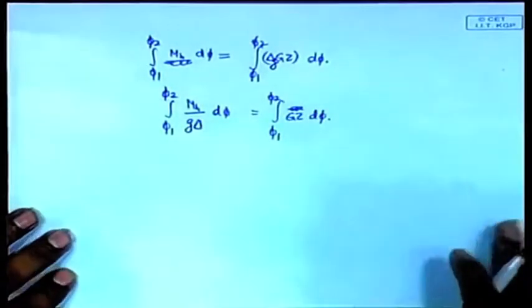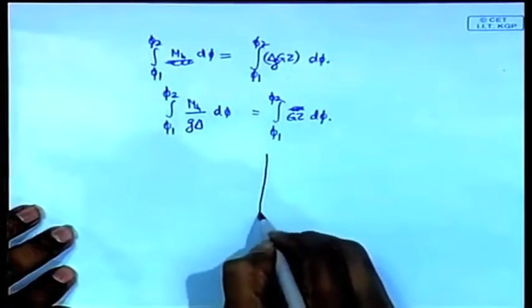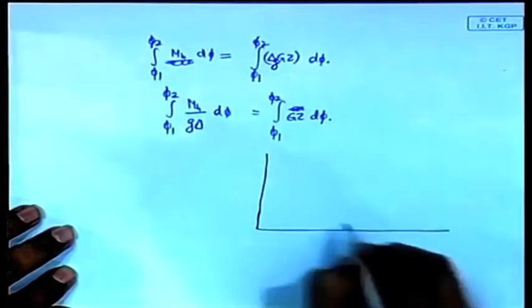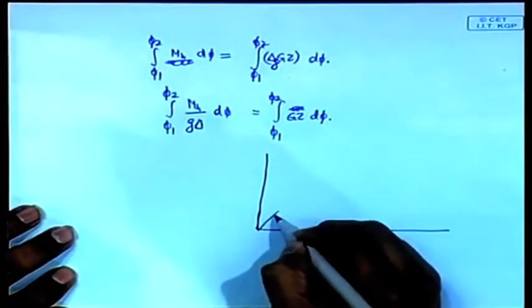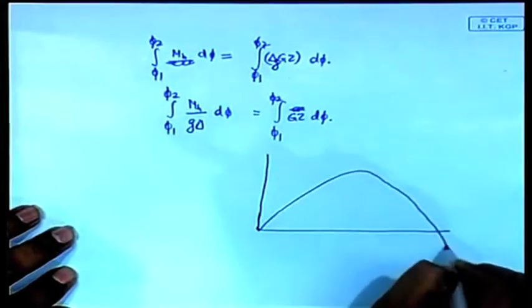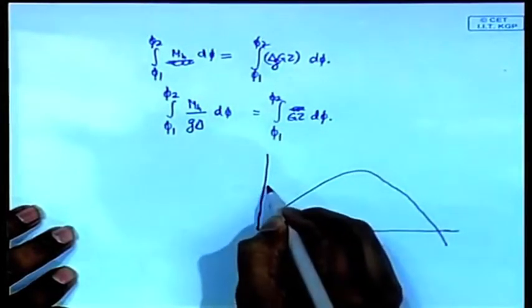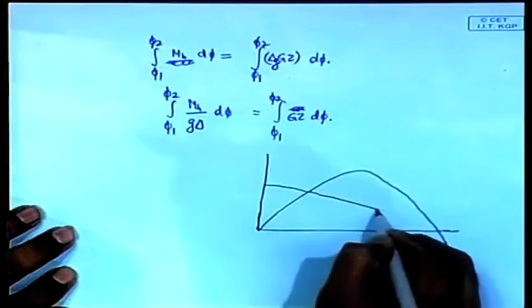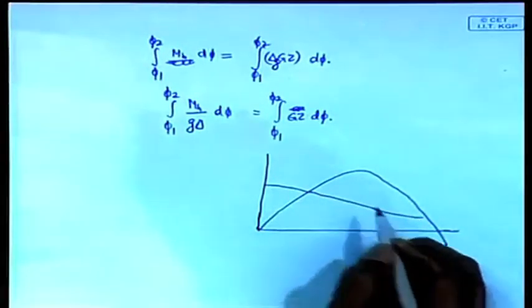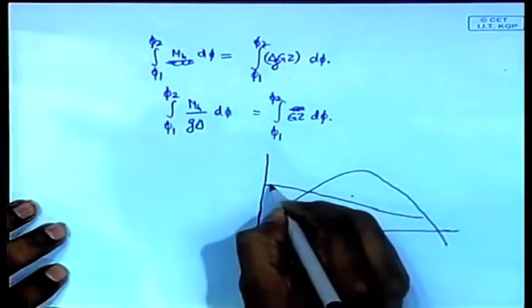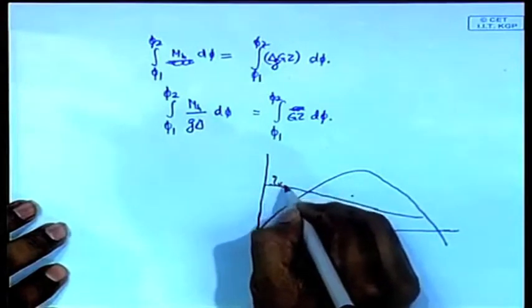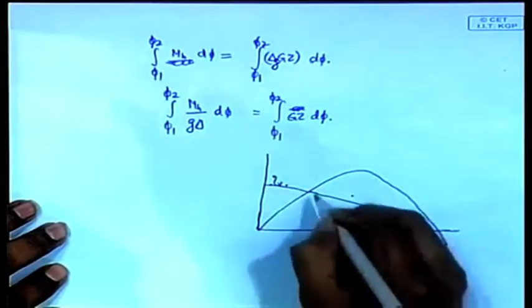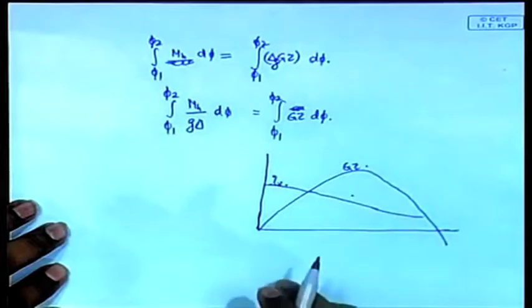Now I have said this, still I will repeat it. Suppose this is your GZ curve, and here you have your heeling moment curve, heeling arm.